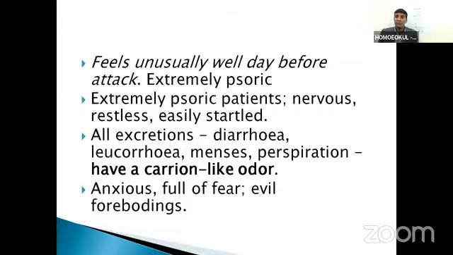Now open Carbo animalis, just the last line before the relationship part: all excretions, menstruation, leukorrhea, diarrhea, all are exhausting. Then bracket Arsenic, and all are offensive, Psorinum. Got it? So that line is also very important from Carbo animalis.